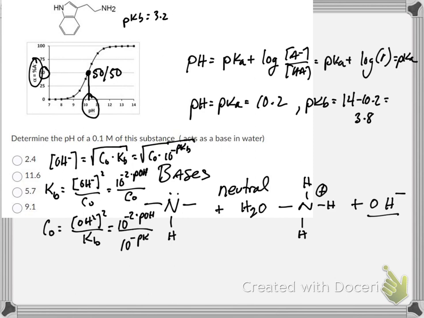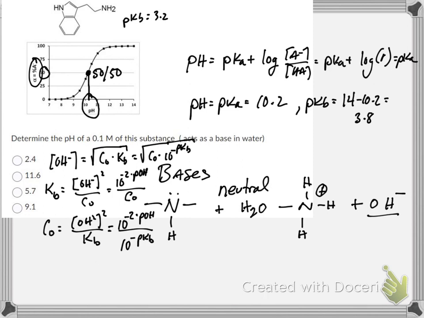Those are also pretty valuable equations, depending on whether you're asked to calculate Kb or calculate the concentration. But here we're asking for pH, which is often the case. So that means that we can calculate the value.